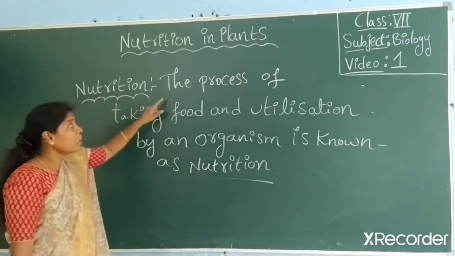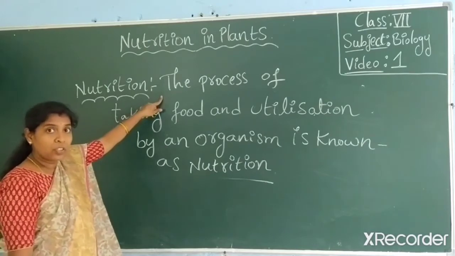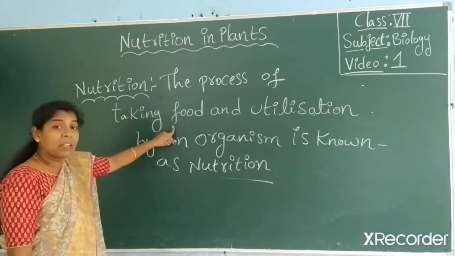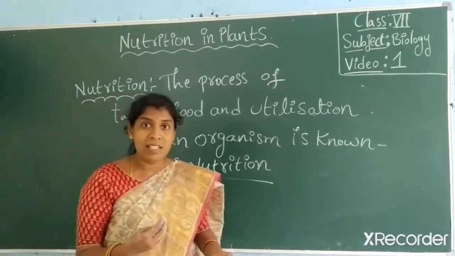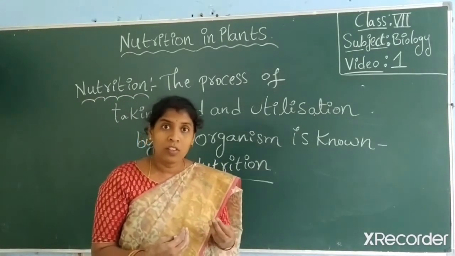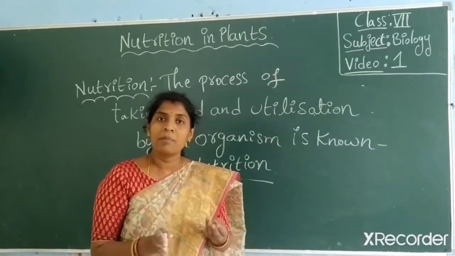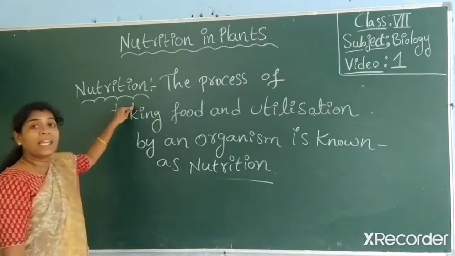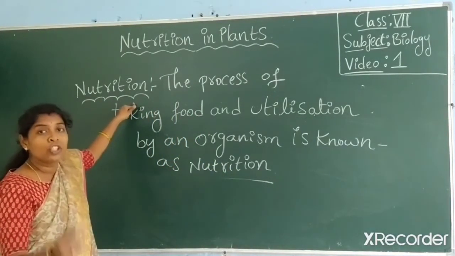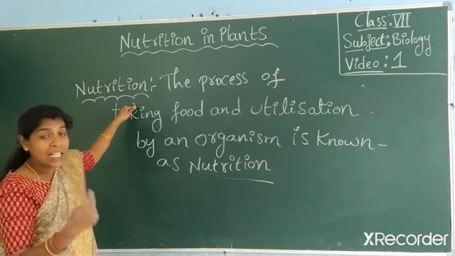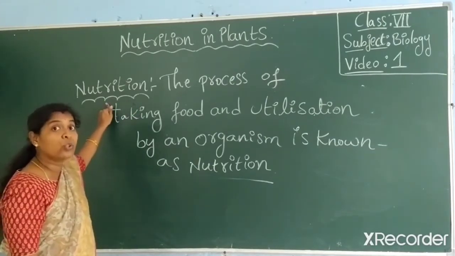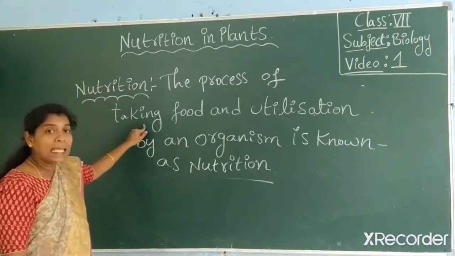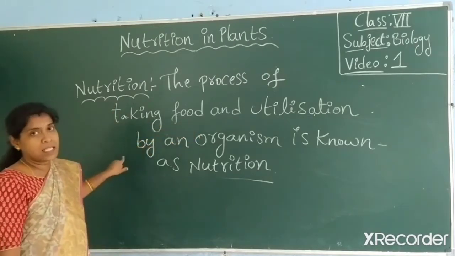Nutrition is a process of taking food, but is it taken from other organisms or are they synthesizing their own? Based on that concept, nutrition is classified into two types, based on taking food and utilization.